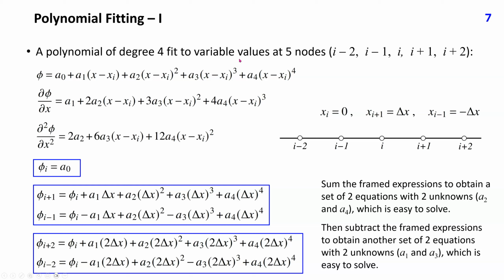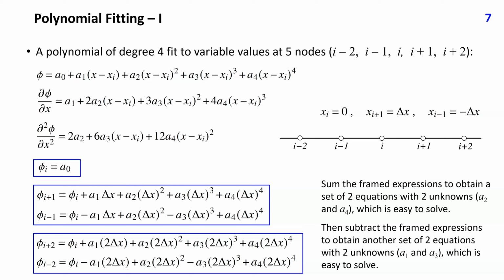The local coordinate system is centered at node I, thus A0 equals phi I. These four expressions define polynomial at nodes I-2, I-1, I+1 and I+2. They contain 4 unknown coefficients. These coefficients can be determined in the following way.